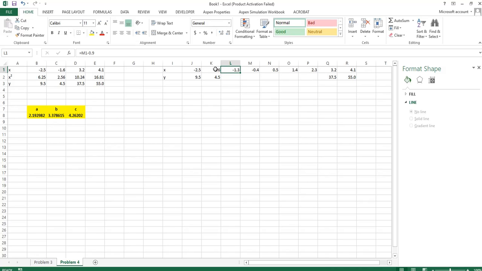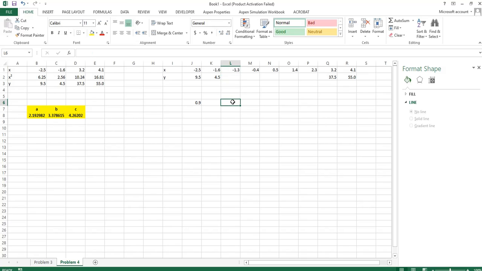Now what is the difference between this and this? Let me see the difference here. I have K1 minus J1, which is equal to 0.9. Now the difference between this and this, let's see if it is okay.